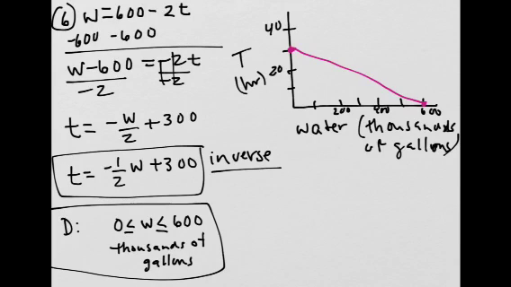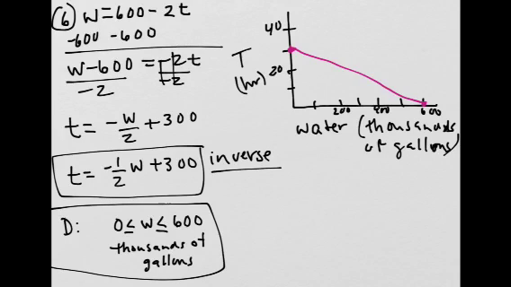Okay? And how you interpret the inverse is, you just say, well, this inverse equation right here gives you the time in hours that the pool has been draining as a function of the amount of water in thousands of gallons remaining in the pool.